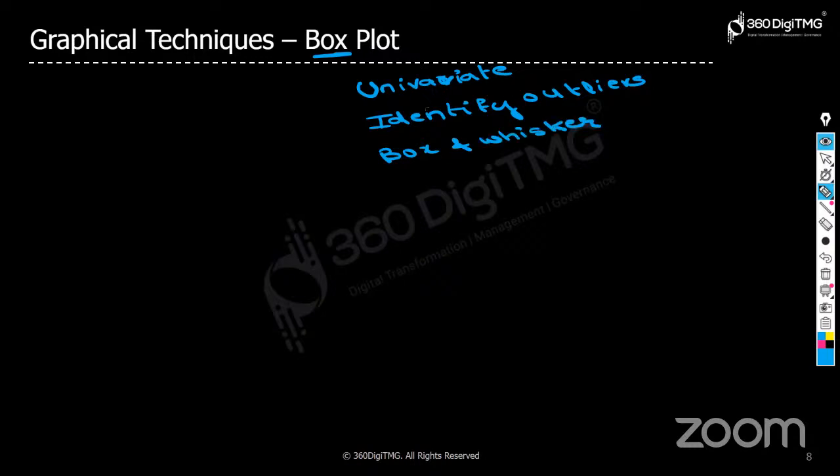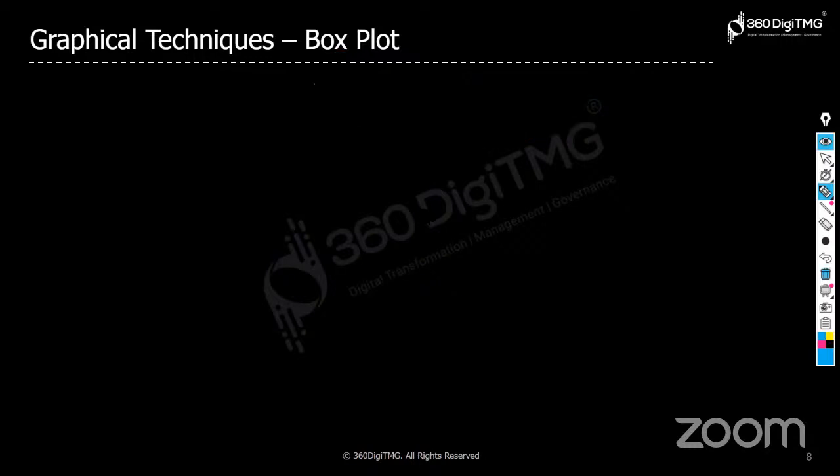So the primary purpose of a box plot is to identify the outliers. In order to get an easy understanding of this, let us see in vertical form what a box plot looks like and what is present in a box plot. So imagine everybody, this is your box, and these are the whiskers.